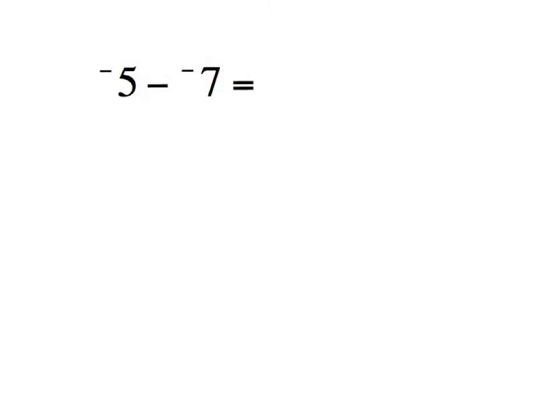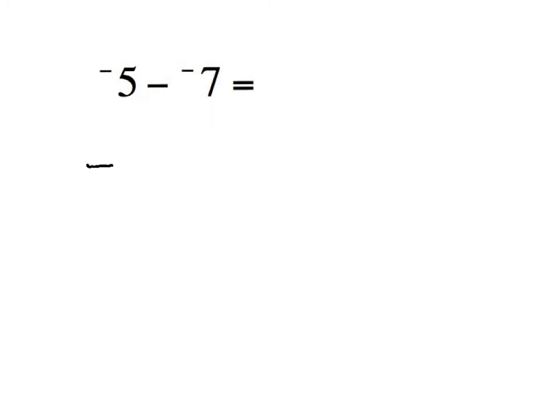Now I'm going to teach you the process that you can use to solve problems without having to create a number line each time. The first thing I'm going to do is keep the verbiage the same. I'm going to say I have -5 with the opposite of -7. But in this case, I'm going to change my subtraction sign to an addition sign. And when I do that, I'm also going to change the following number.